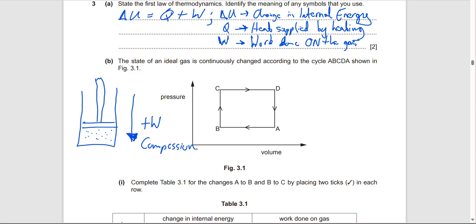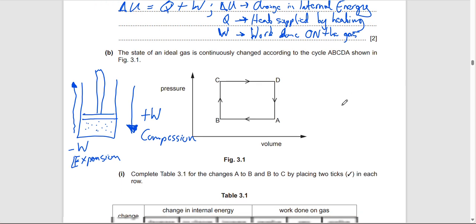So compression, right? When the gas does work, it expands, therefore pushing the plunger up. That is minus W. It's an expansion. That's the best way to answer these questions, really. Okay.